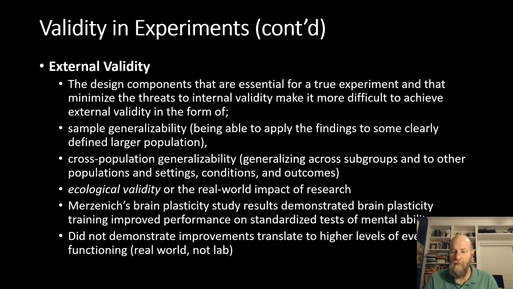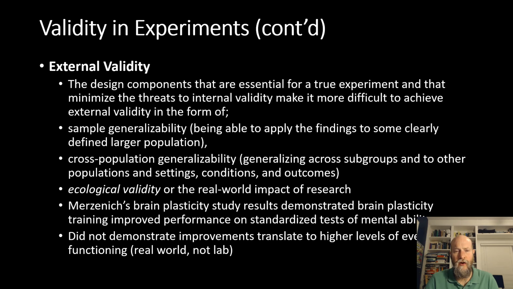So Merzenich's brain plasticity study results demonstrated that brain plasticity training improved performance on standardized tests of mental ability. They found a statistically significant difference between people that received the brain plasticity training versus the other two groups, those that did the computer control or those for which they had no contact. However, those statistically significant differences were not really practically significant, and we'll get into this as time goes on in the section where we discuss statistics.